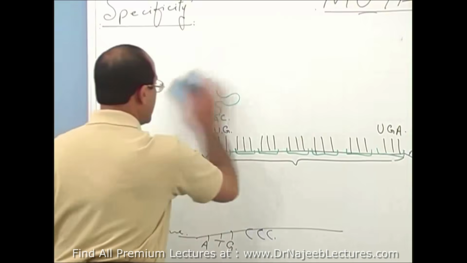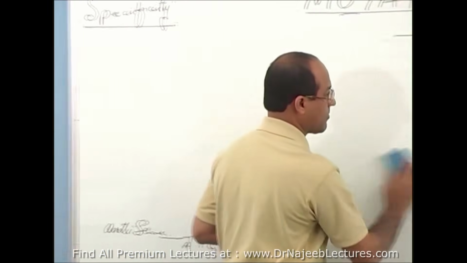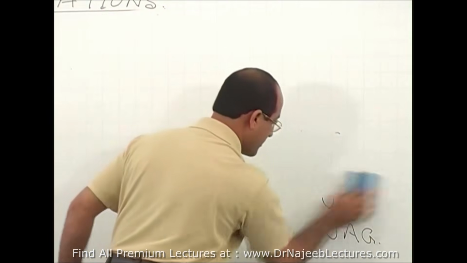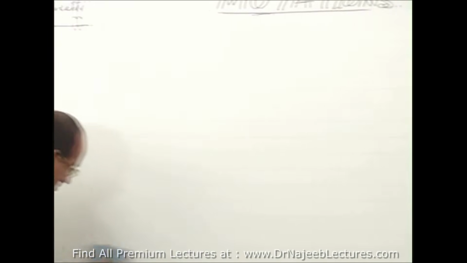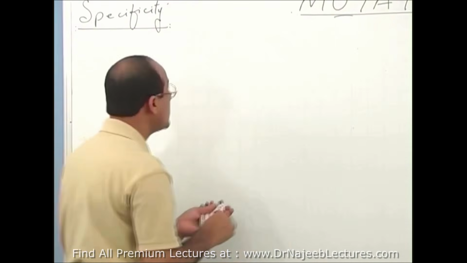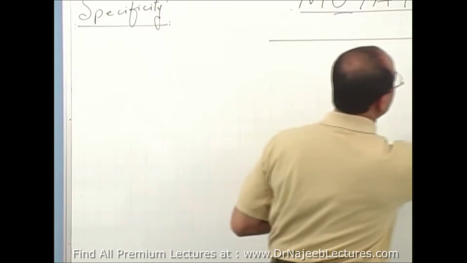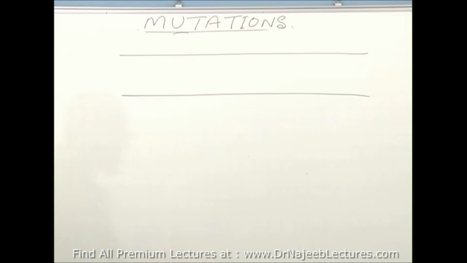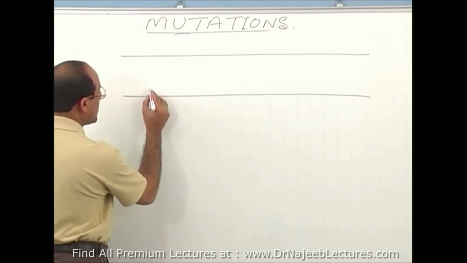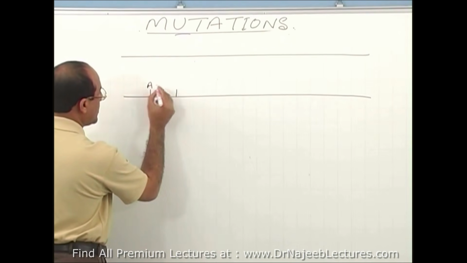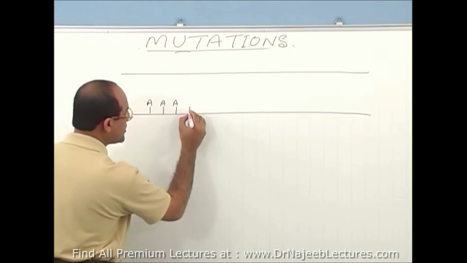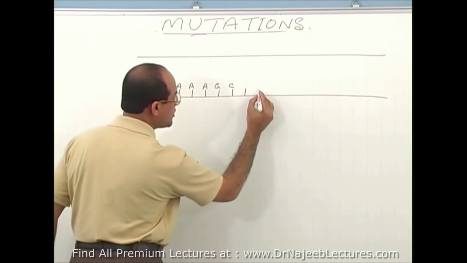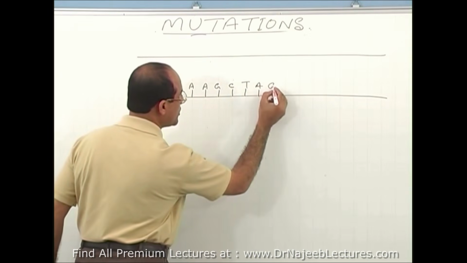For example, let's make a diagram where we will analyze the principles of genetic code. Suppose here is DNA, right? Now, if it is AAA, let's suppose it is AGC, here it is TAG.